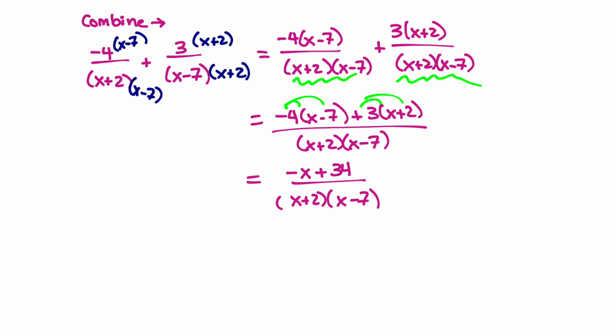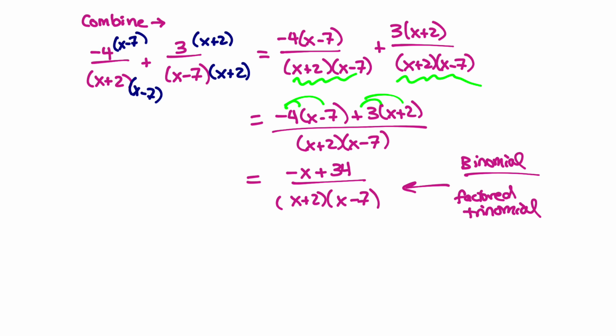But the idea is, what do you notice I have? When I add up two fractions, I get a binomial over a factored trinomial. When I add up two separate rational expressions, negative 4 over x plus 2 plus 3 over x minus 7, and go through the entire process of putting those fractions together, I get a binomial over a factored trinomial.